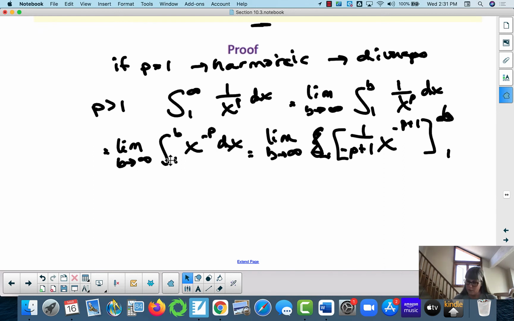So then we can pull out that constant, and then I'm going to switch this around to make it 1 minus p instead of negative p plus 1. So we pull out that constant, and we are evaluating now just this x to the 1 minus p from 1 to b.